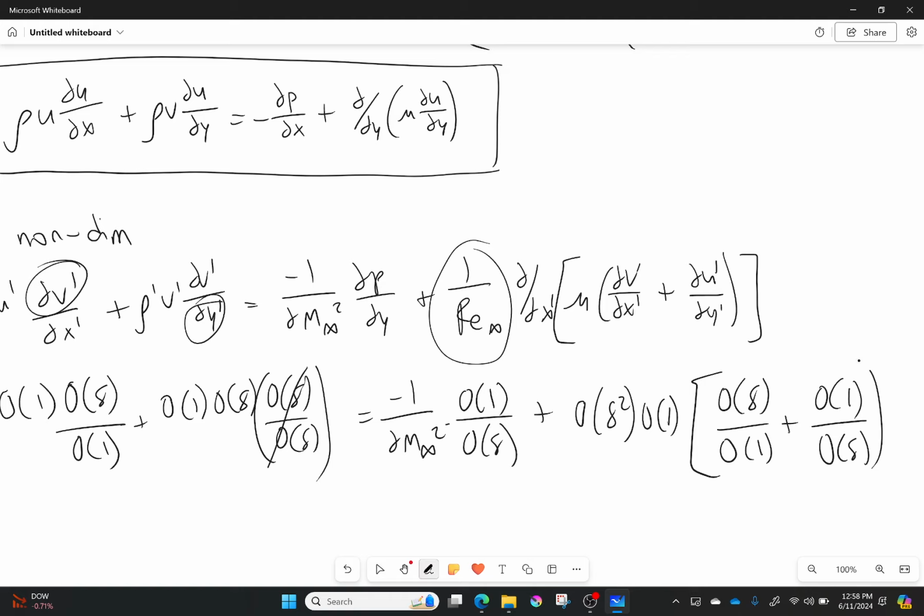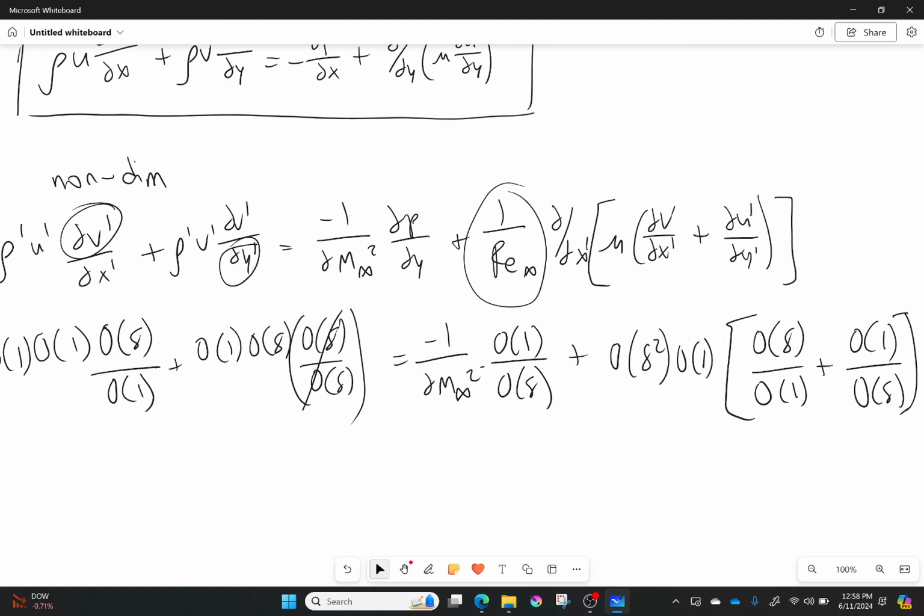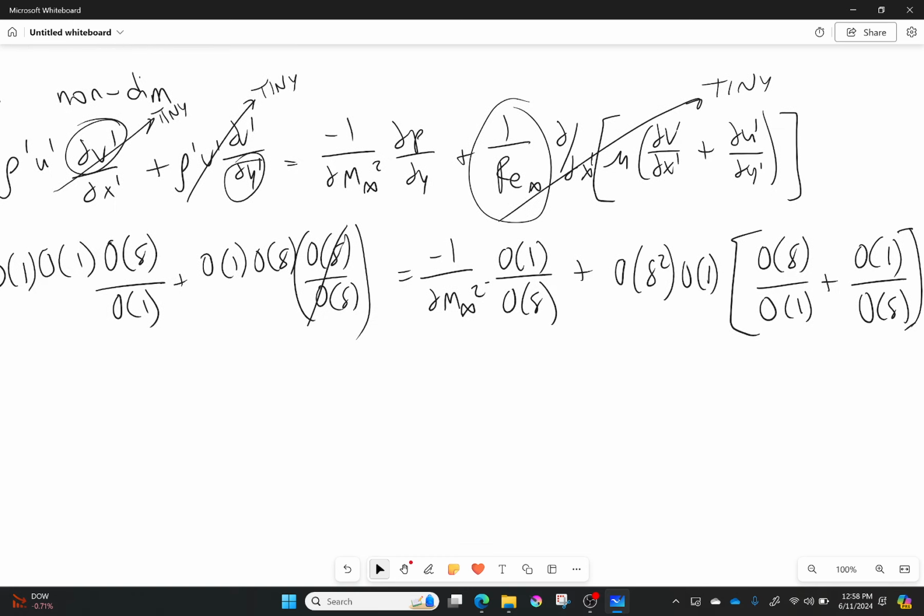Okay, so I go through all of that, and what I find is that that is tiny. It's on the order of delta. That is tiny. It's also on the order of delta. And this whole term over here is also tiny. It's on the order of delta. And so the only thing that's left in the end is dp dy, which is huge by comparison. And so it's simply equal to 0.